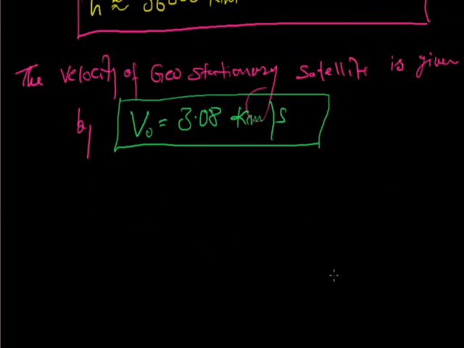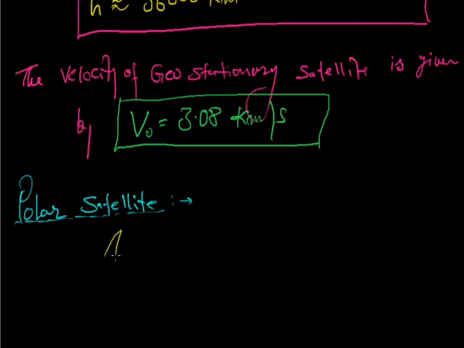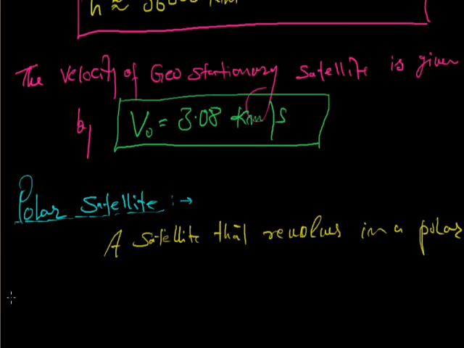Now come to the polar satellite. A satellite that revolves in a polar orbit is called a polar satellite.